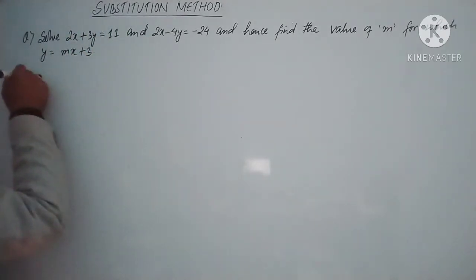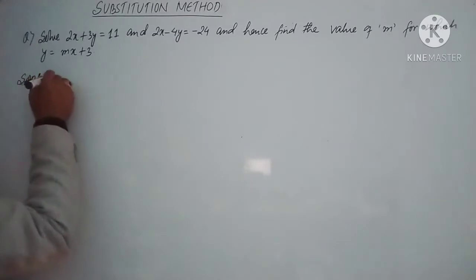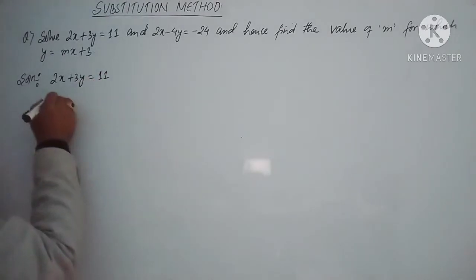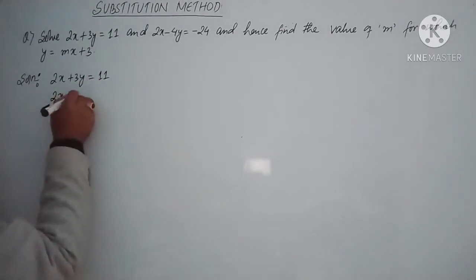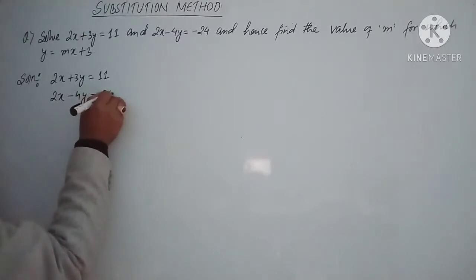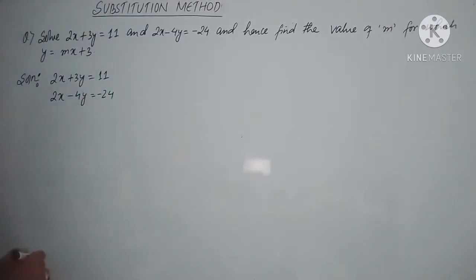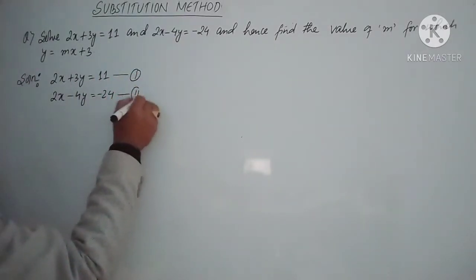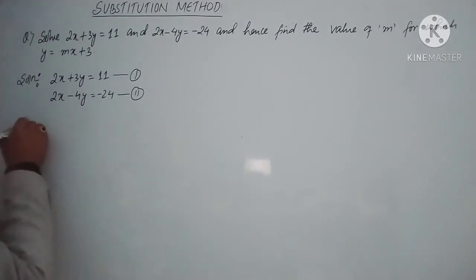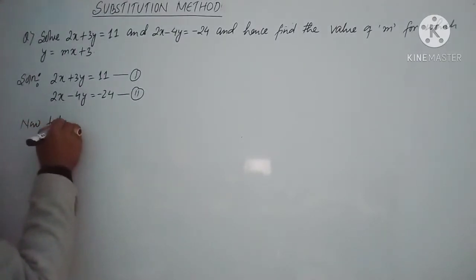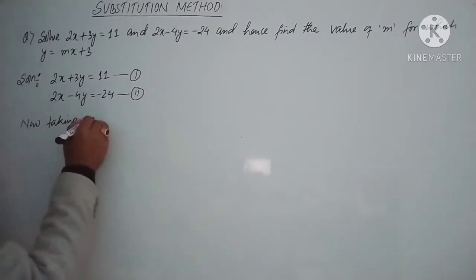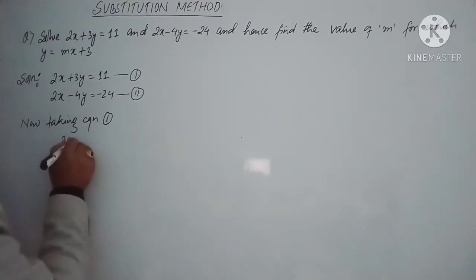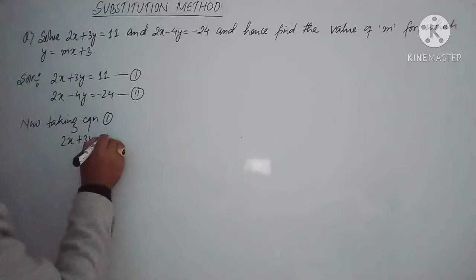So in the solution we will write 2x plus 3y equals 11, 2x minus 4y equals minus 24. This is equation number 1. This is equation number 2. Now taking equation 1, 2x plus 3y equals 11.